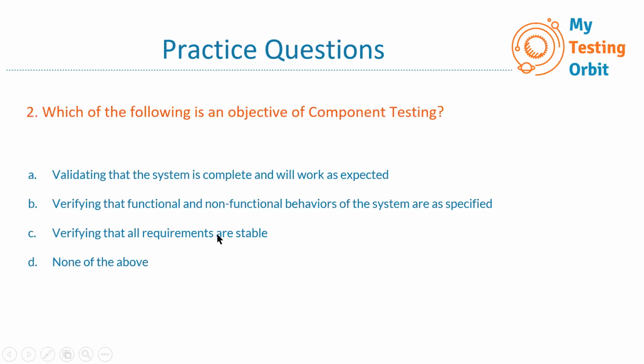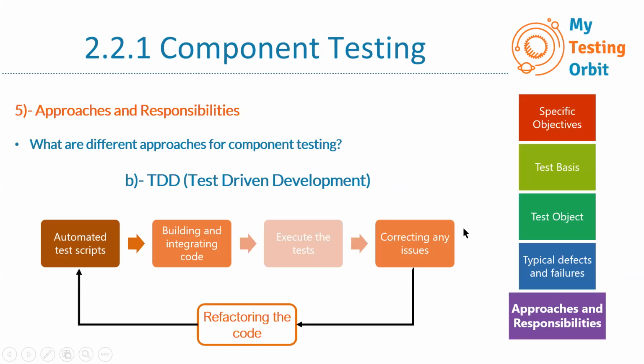Verifying that all requirements are stable. When we are doing component testing, we are building different components individually. When we merge them together, maybe there are some conflicts and maybe some changes are required in requirements, especially if we are doing it in an iterative way.